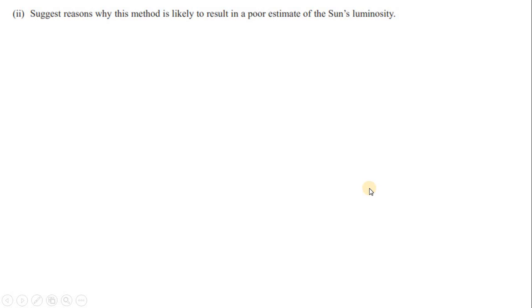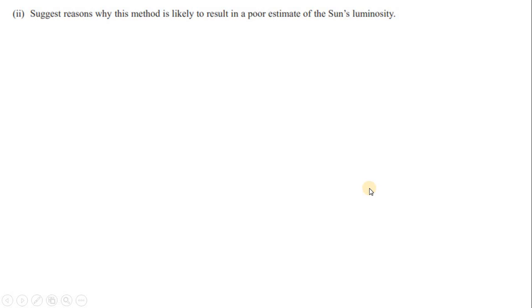Suggest a reason why this method is likely to result in a poor estimate of the sun's luminosity. Number one, it is really difficult to figure out the position or the point where the brightness on the card is the same.